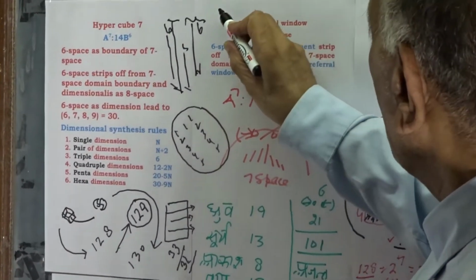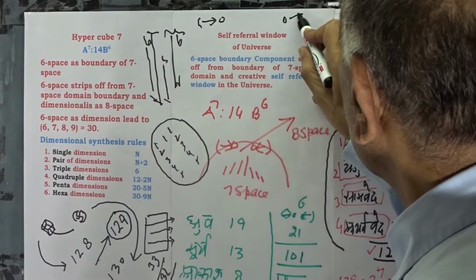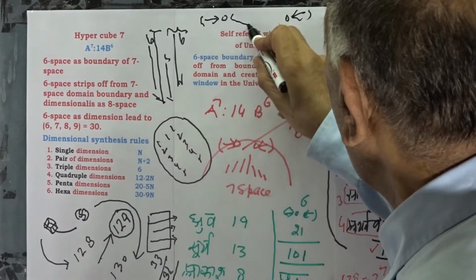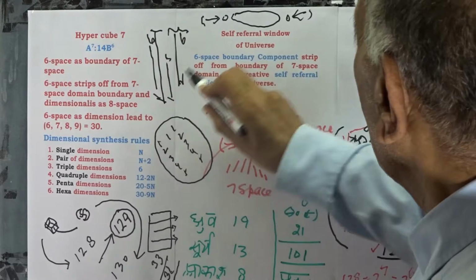Now, Sthapatya miring rod, as such we know, is the rod which swaps the 6-space domain. So this swapping of the 6-space domain is the reach of the Sthapatya miring rod.